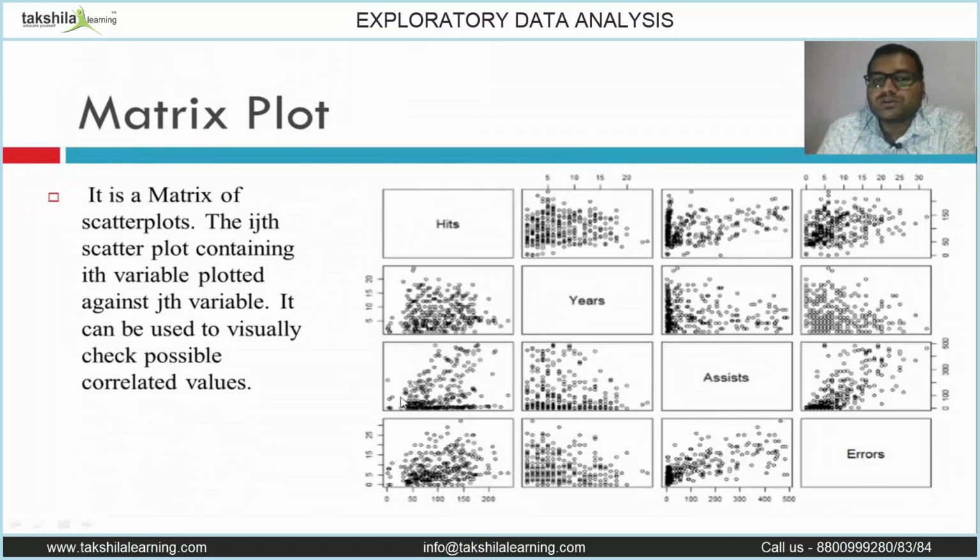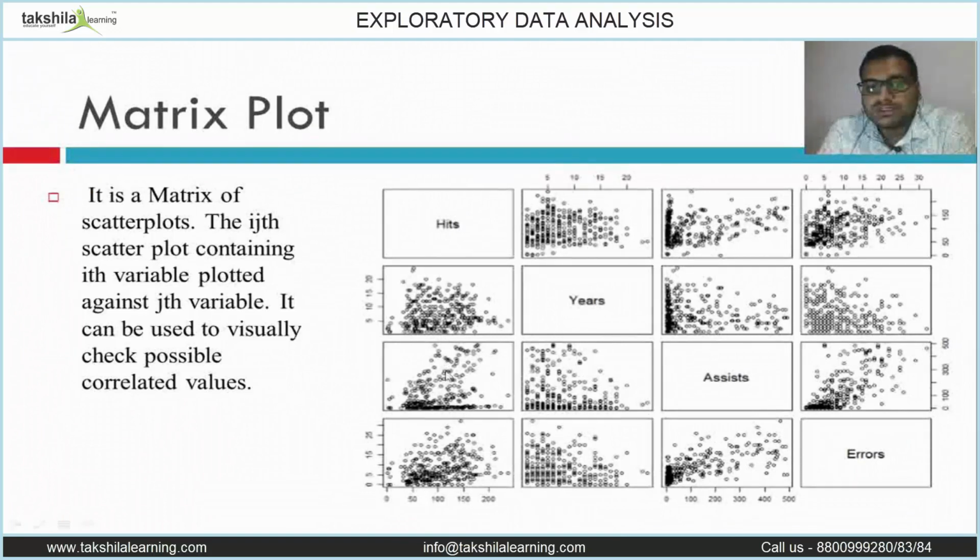To conclude this type of plotting, we can take it like this. This is hits, and if we go for this graph, this is hits versus years. So on the x-axis we have the hits, and on the y-axis we have the years. Similarly, this one is hits versus assists, so the x-axis will be hits and the y-axis will be assists.